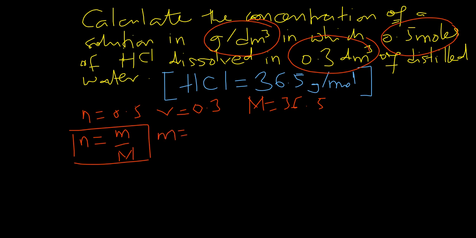This is a simple change of subject. So our mass will be the mole, 0.5, times the molar mass of 36.5.